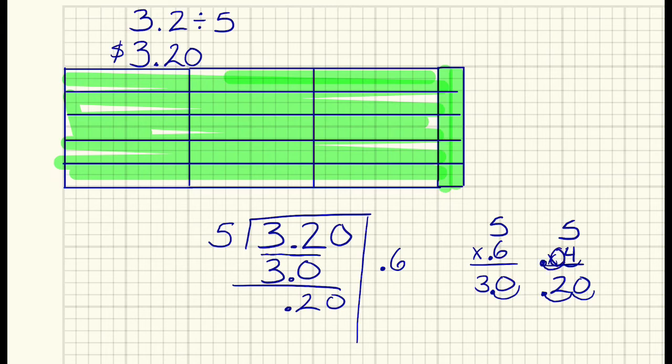So I will just move those places over to get my decimal in the right spot. So 5 times 4 hundredths is 20 hundredths. I subtract that, and it looks like it's all working out here. So altogether, when I add this up, I have got 64 hundredths. So my friends are going to get 64 cents.